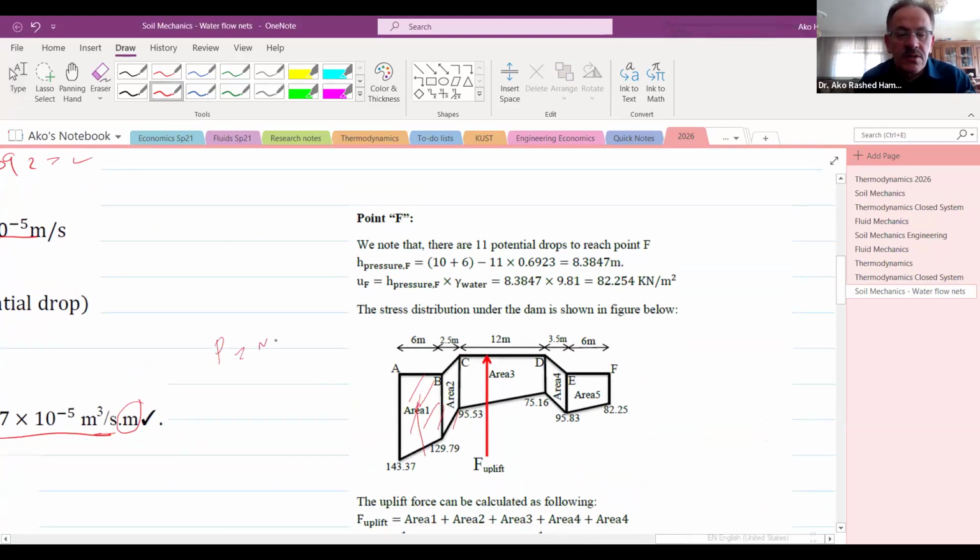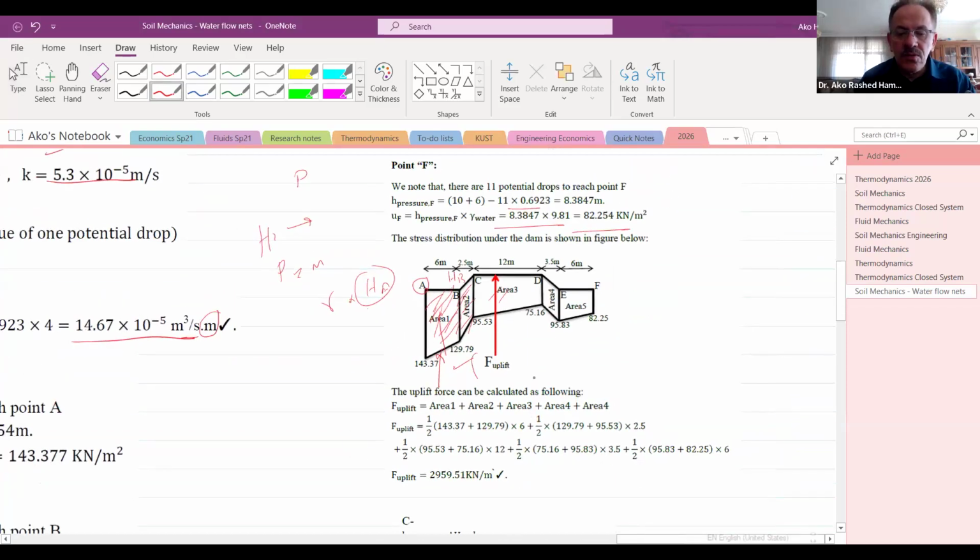Pressure is gamma times H, for each point H A, H B. Then we get the pressure distribution, and the force is the area of the distribution. This one force is called uplift pressure.